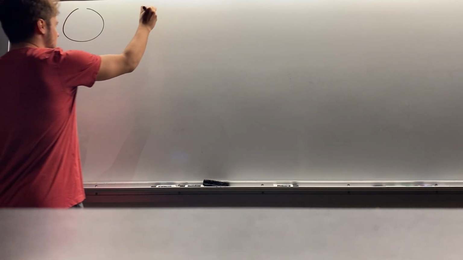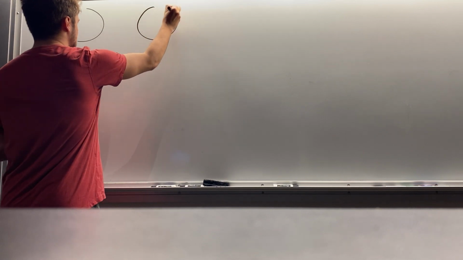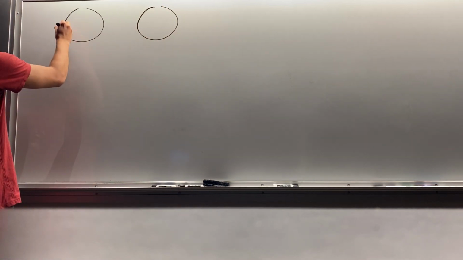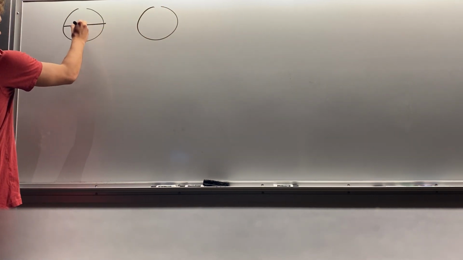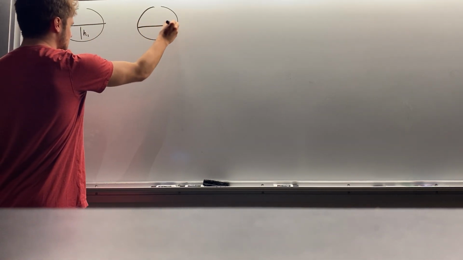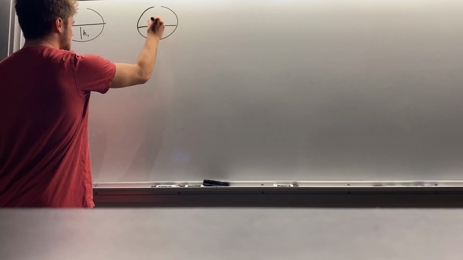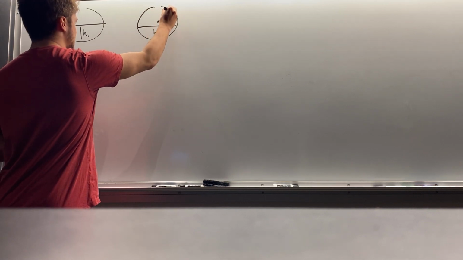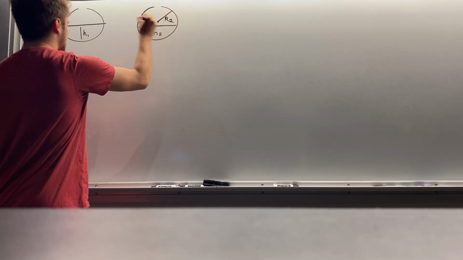So we have two spherical tanks that are open to the atmosphere. In these tanks, they have some height of water in them, so H1, H2. They each have some radius, R2 and R1.